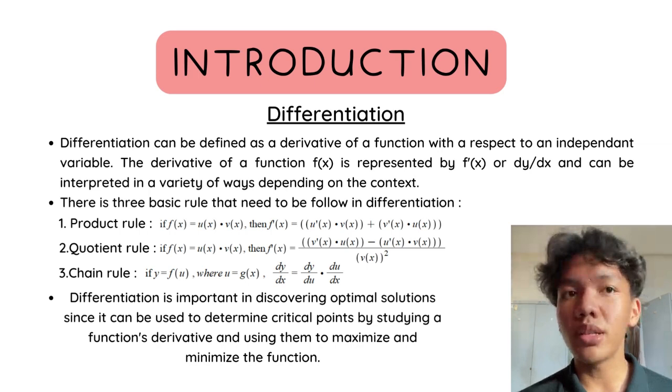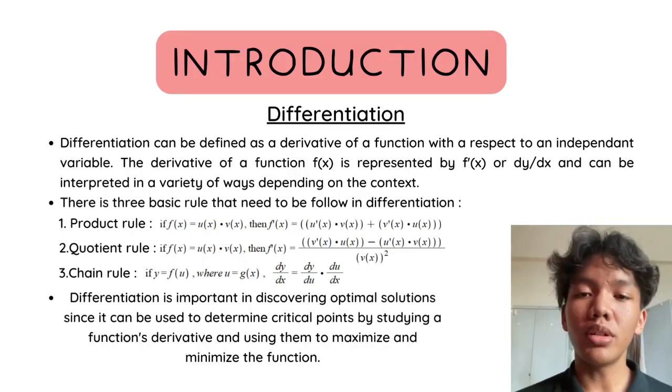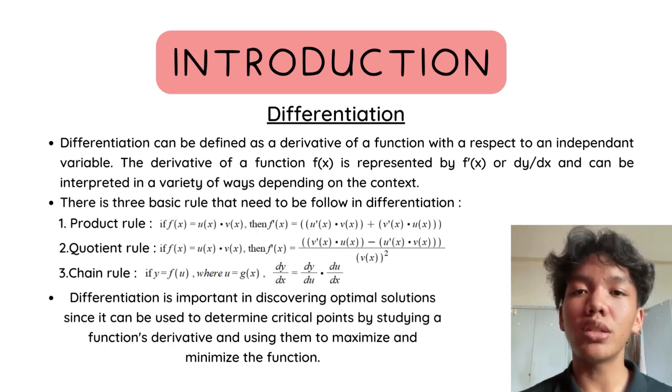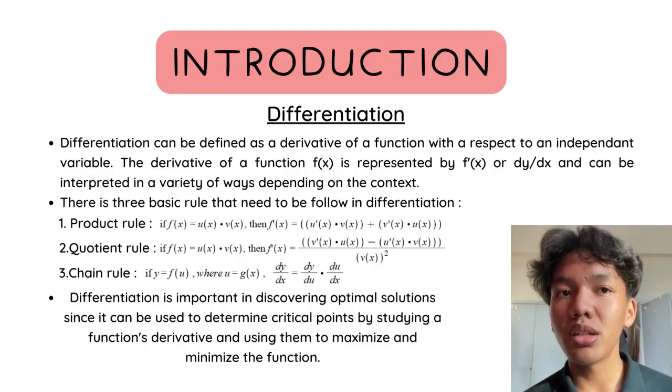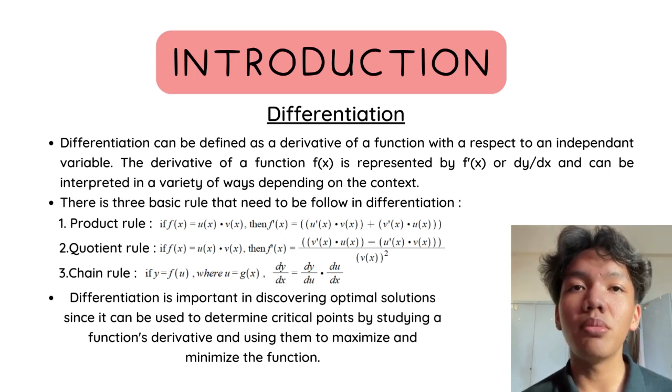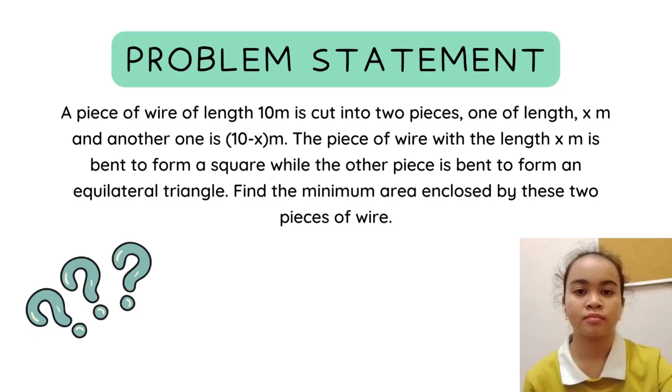There are 3 basic rules that need to be followed in differentiation. The first one is the product rule, the second one is the quotient rule, and the last one is the chain rule. Differentiation is important in discovering optimal solutions since it can be used to determine the critical points by studying a function's derivative and using them to maximize and minimize the function.